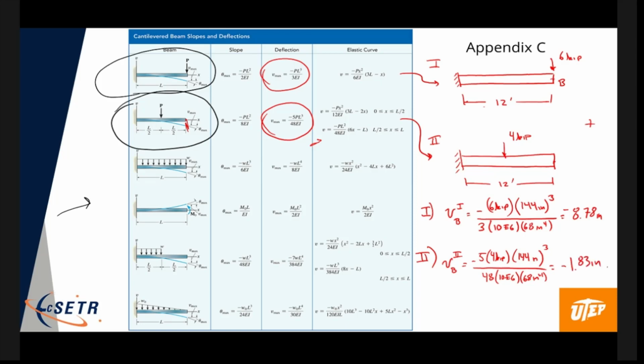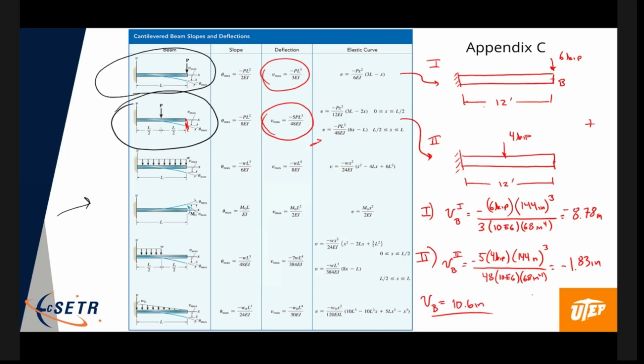So the actual deflection is the sum of those two. So the actual deflection at point B is going to be minus 8.78 minus the 1.83, which is 10.6 inches.